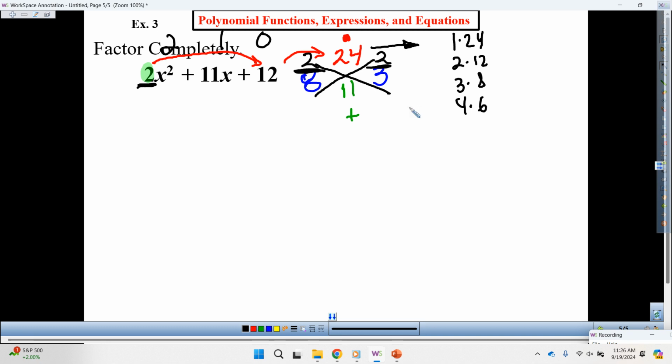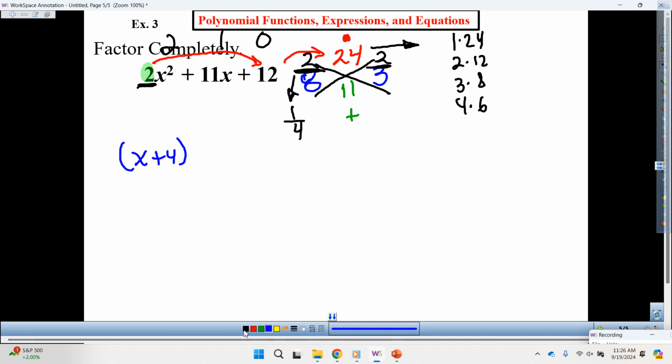All right. I got the 2 from where? Here. Question, can I simplify this fraction? Yes, this becomes what? 1 over 4. Therefore, my first factor is x plus 4.